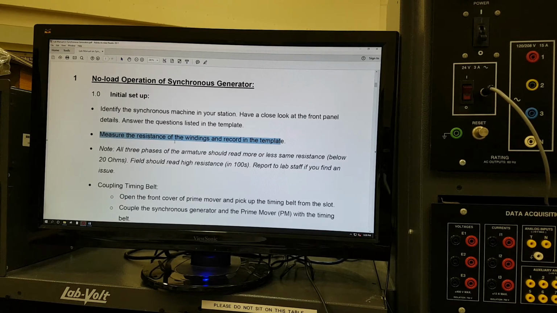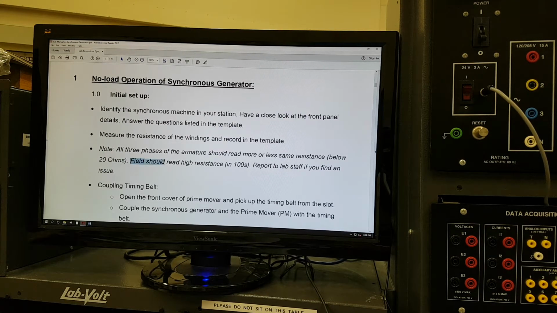Oh, by the way, there is a note here. All 3 phases of the armature should read more or less the same, because for a balanced three-phase machine, all the resistances should be the same.